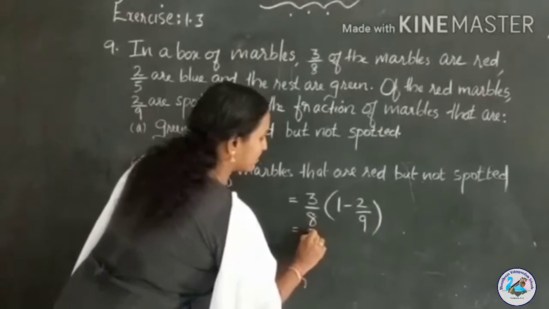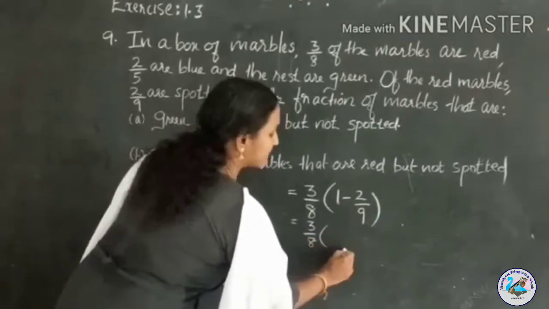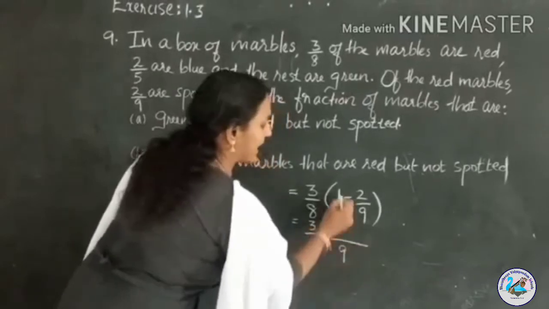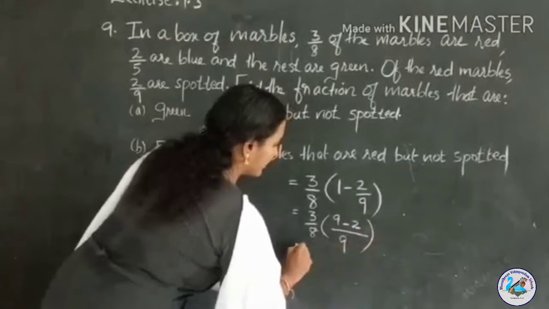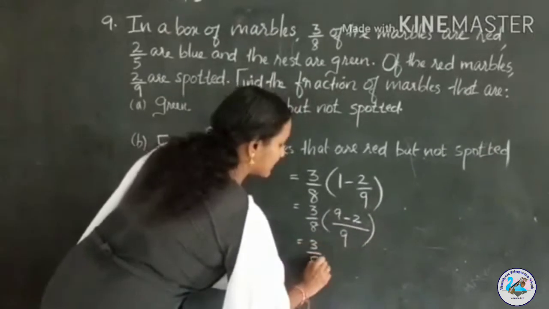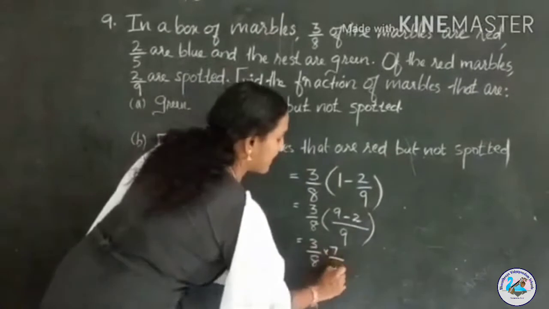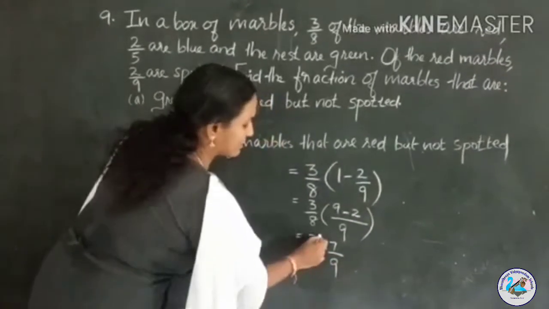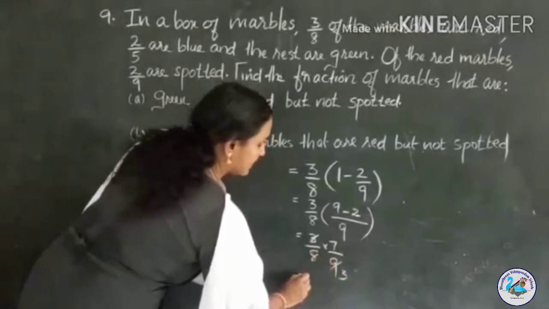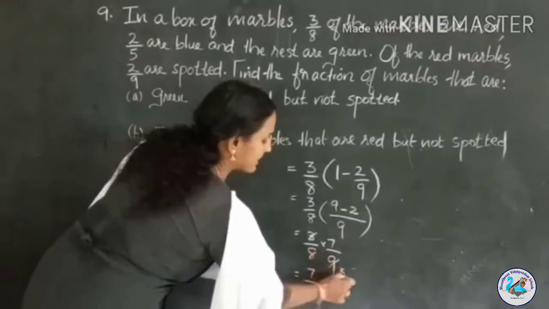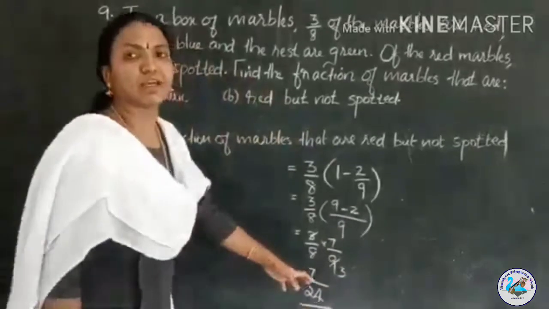That is 3 by 8 into, here the LCM is 9, so 9 minus 2, which is 7 by 9. Cancellation: 3 9s, 3 3s are 9, so it is 7 by 8 3s are 24. The answer is 7 by 24.